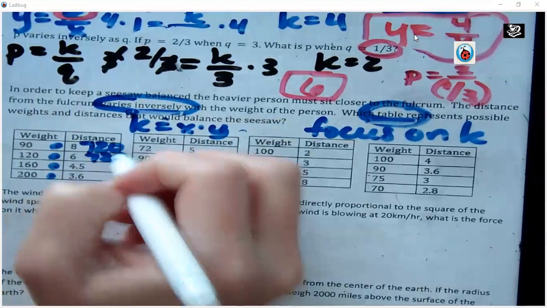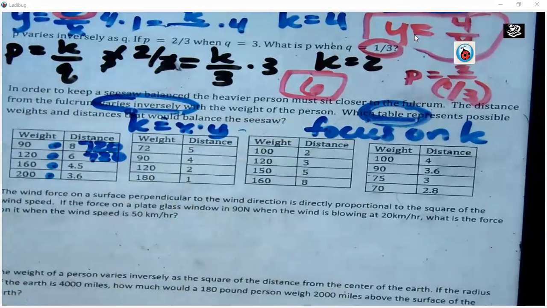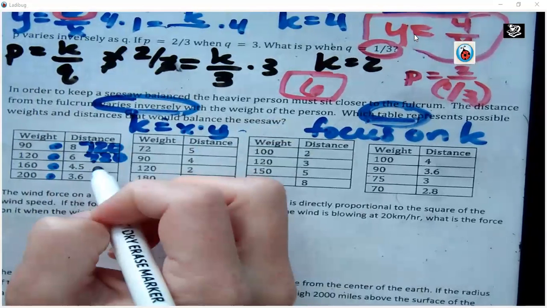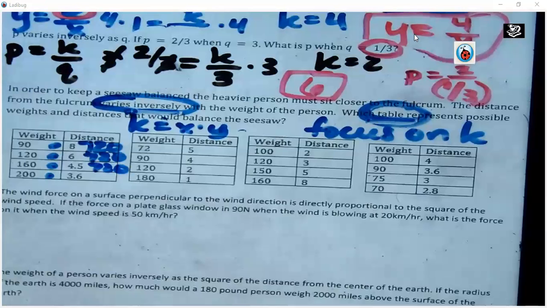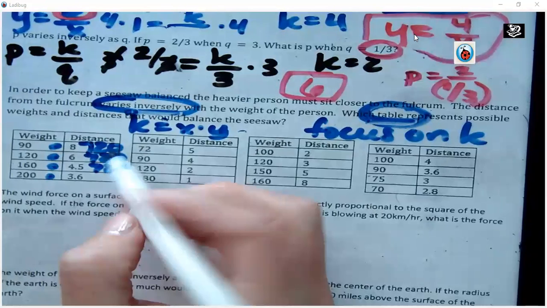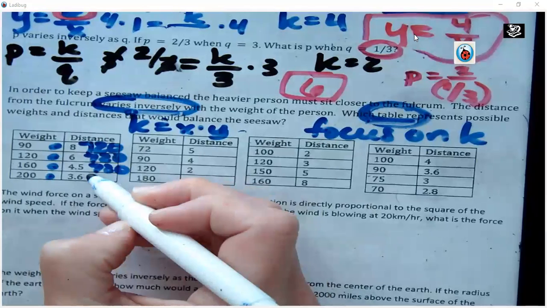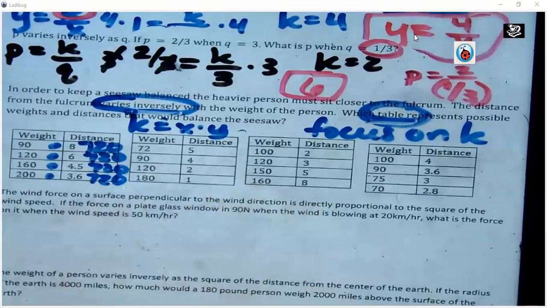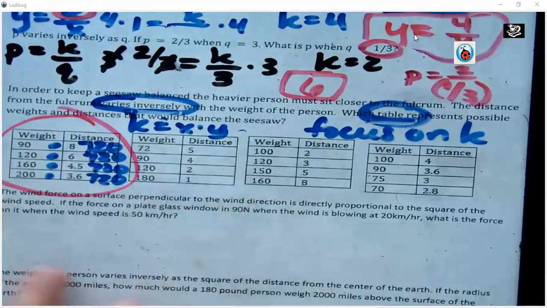Okay, what about 160 times 4.5? 720. All right, what about 200 times 3.6? 720. So what do we think about that answer? It would be constant. Thank you. So that one is an example of inverse variation.